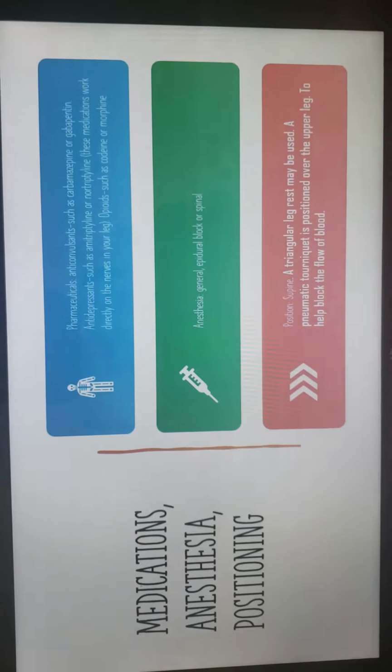Okay, so what is an amputation? An amputation is the action of surgically cutting off a limb. Now, there are several types of amputations.